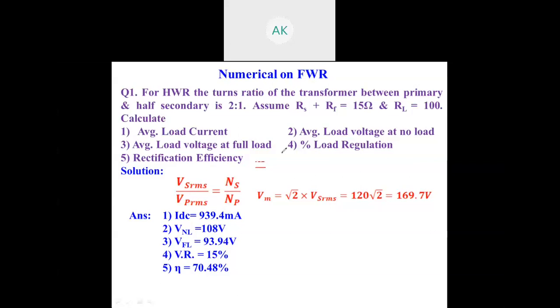Or this expression can be written in terms of RL and RF as 8 divided by pi square into RL divided by Rs plus Rf plus RL.